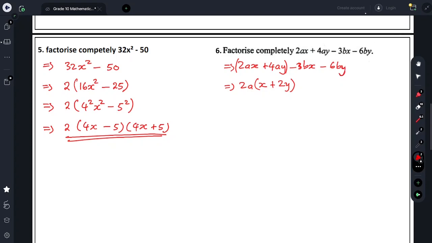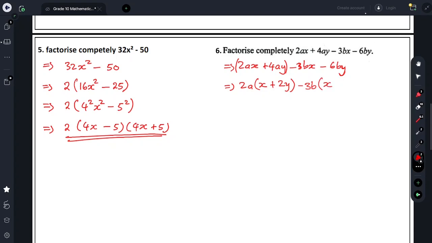So this is y. So here what is common is negative 3b. There's negative 3b here, so even here there will be negative 3b, because the 3 can go into 6. So once you factor out negative 3b here, you remain with b here, open brackets here, you are going to remain with positive x.